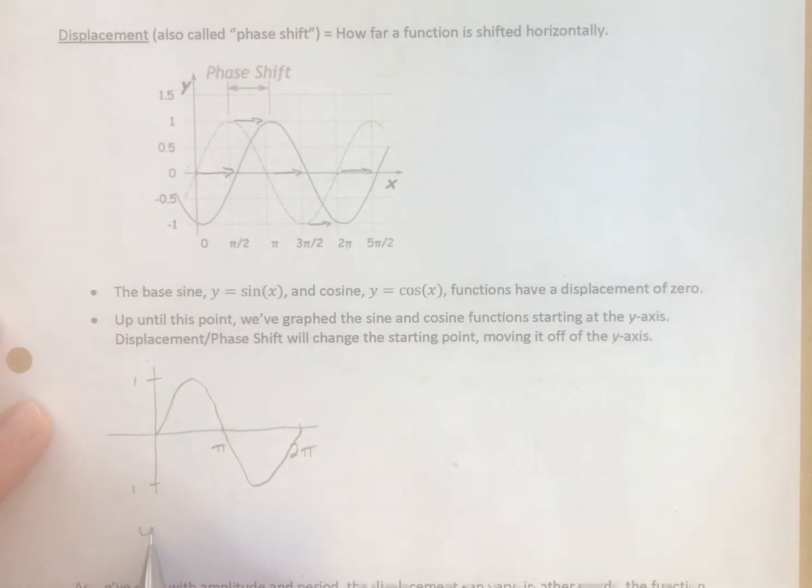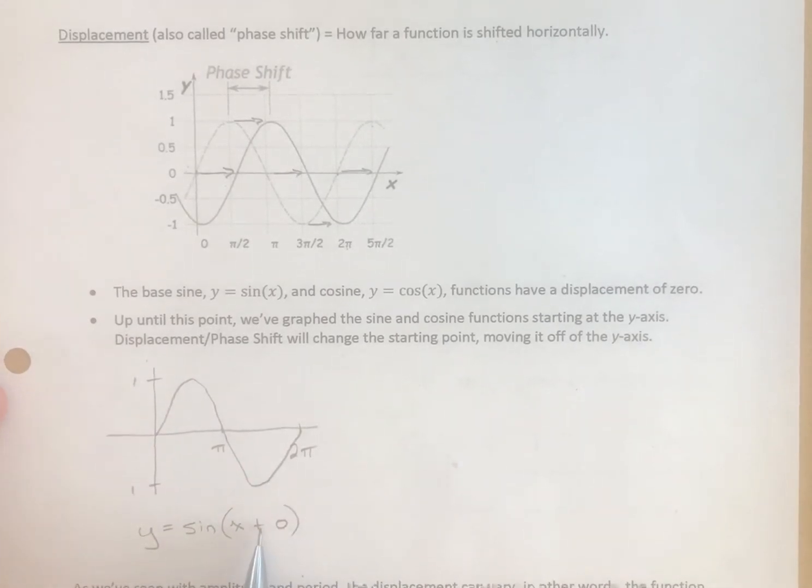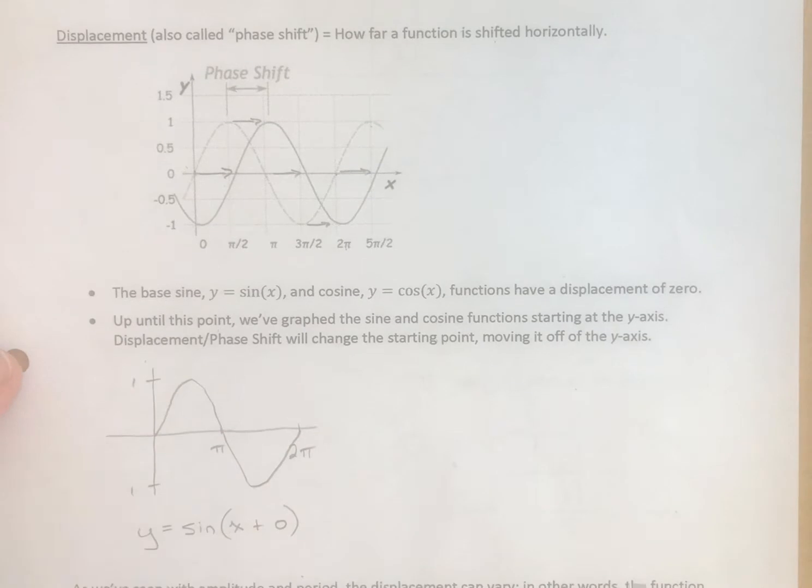And here's the base sine function. If we write the equation as sine of x plus 0, so this adding something to the x term or subtracting something from the x term is going to play a role in our displacement. Obviously you add 0 to it and nothing has changed.